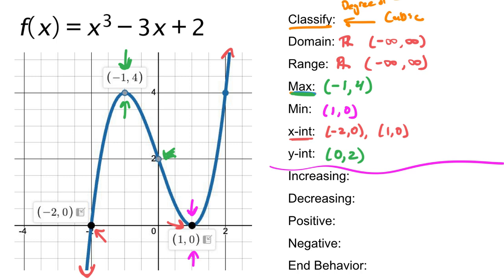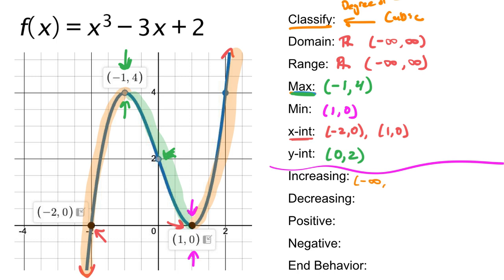As you'll notice in this graph, it increases, and then it decreases, and then it increases again. So we're going to write those intervals using interval notation. Where does my graph start increasing? Well, my graph starts increasing to the far left, negative infinity.